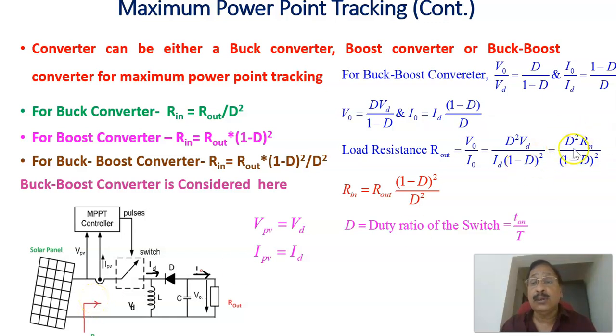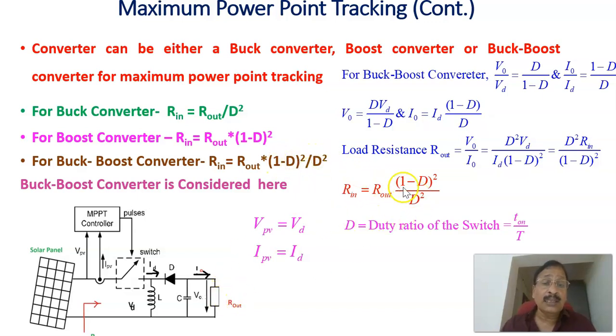That is equal to R in, the resistance seen at the source side, which is equal to R out into D square divided by (1 minus D) whole square. Or you can say that R in equals the output resistance into (1 minus D) whole square divided by D square. Therefore, that is the relation: R in equals R out into (1 minus D) whole square divided by D square.